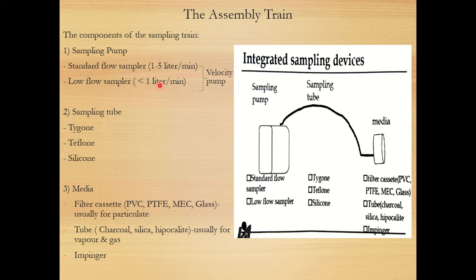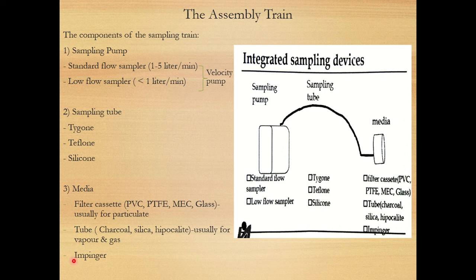The second component is the sampling tube. It can be Tygon type, Teflon type or silicone type. For media filter, for example, PVC type, PTFE type, MCE type and glass type. For tubes, basically we have charcoal, silica, and hopcalite, usually used for vapor and gas.